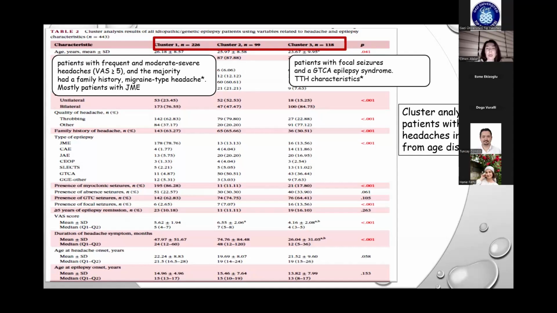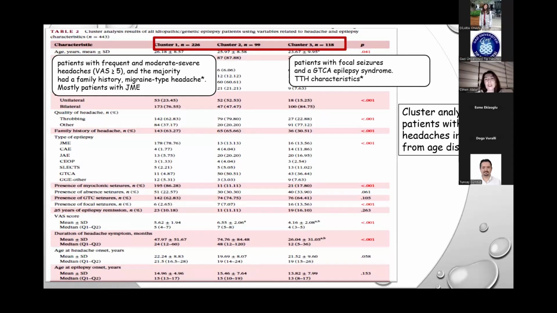We can summarize as migraine type headache characteristics, and most of the patients had juvenile myoclonic epilepsy. Cluster 3 had patients with focal seizures and generalized tonic-clonic epilepsy syndromes, and most of the patients had tension type headache characteristics. And there was a cluster 2, which I will mention later, which is a border zone. We call it the border zone cluster.